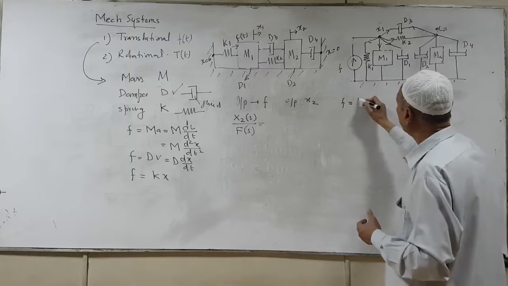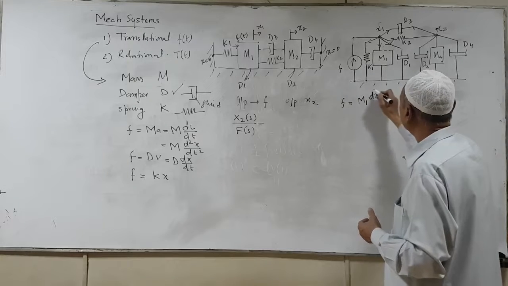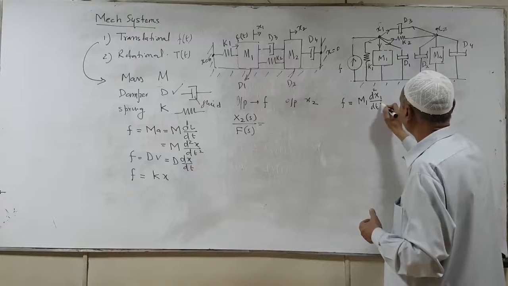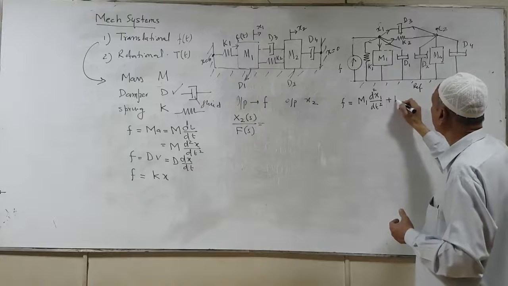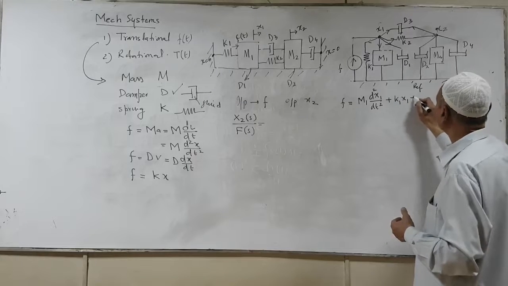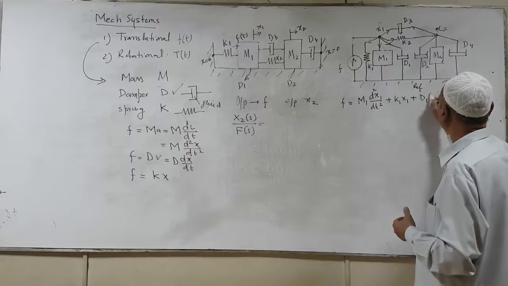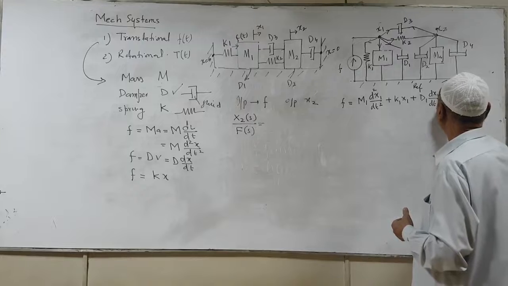So there are 5 transmitted forces when we talk about node x1. So our first one is m1 d²x1 by dt². Then we have plus k1 x1. Then we have a damper, we have d1 dx1 by dt, plus.